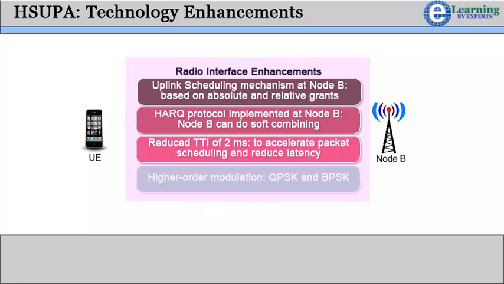Higher order modulation schemes: to increase throughput without increasing bandwidth, higher order modulation schemes have been implemented. For instance, HSDPA employs 16 QAM. HSUPA uses BPSK or QPSK modulation, because these schemes exhibit lower peak-to-average signal ratios than 16 QAM.